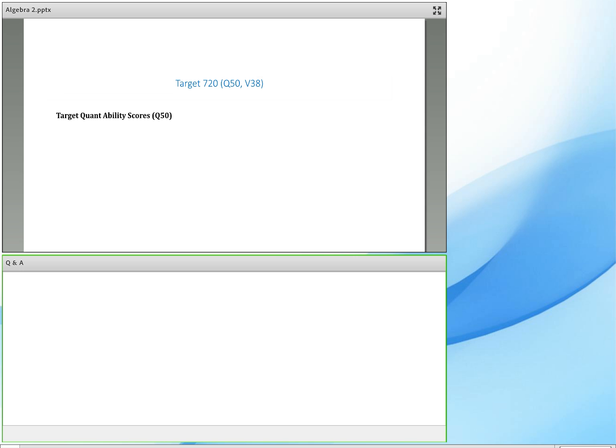It then looks at how you can get to your target quant and target verbal score. So it takes into account about 100 odd combinations to get to a Q50 and a V38, and recommends the most likely combination, the combination that you're most likely to be able to get to in the fastest amount of time.